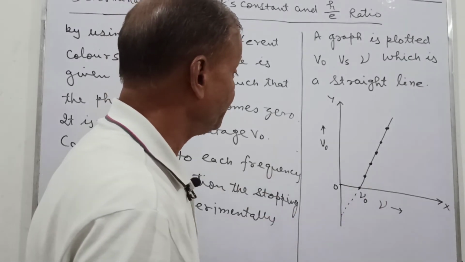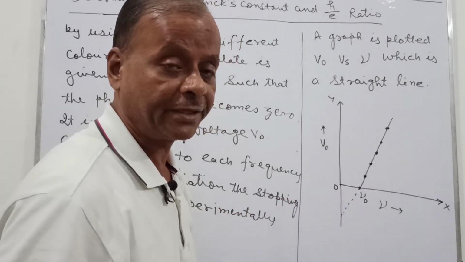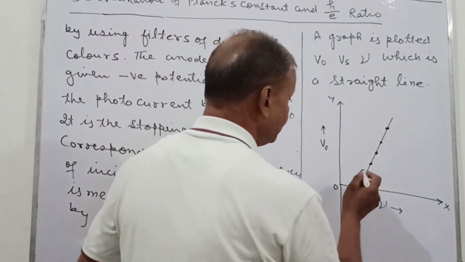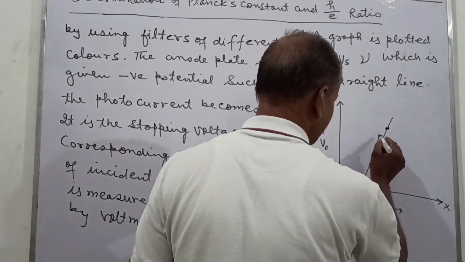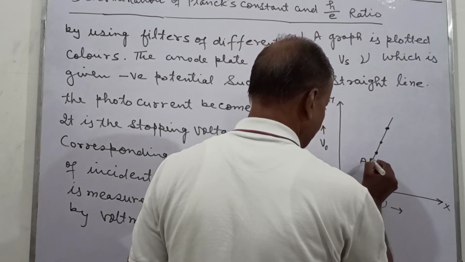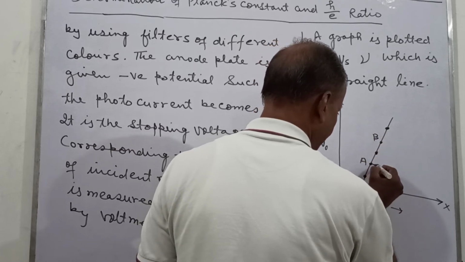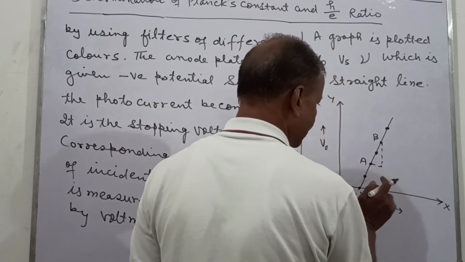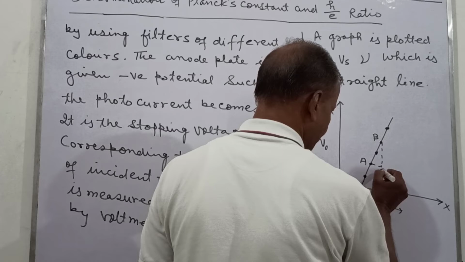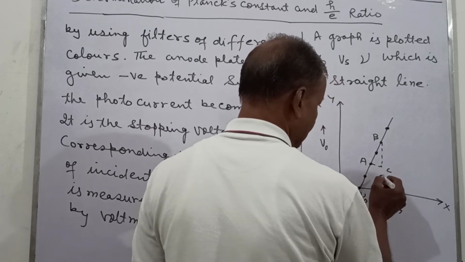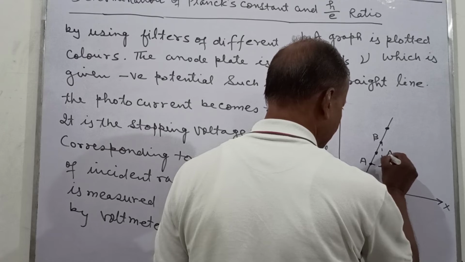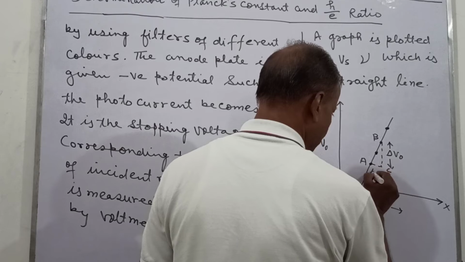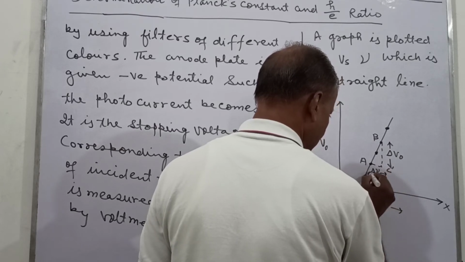Now the slope of this graph can be obtained by making a right angle triangle, taking any 2 points on the straight line. Let me take these 2 points, point A and point B, and then we make a triangle with point C. This gives delta V naught and delta nu.